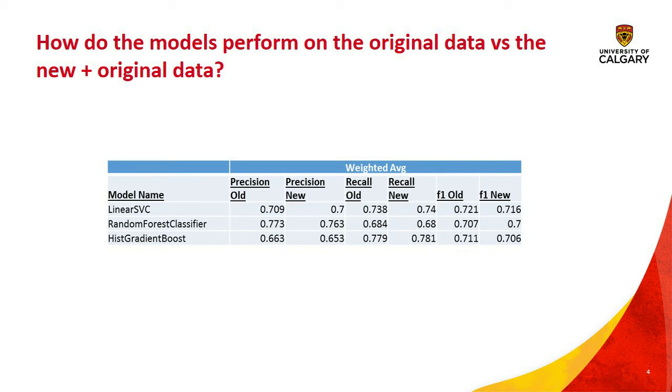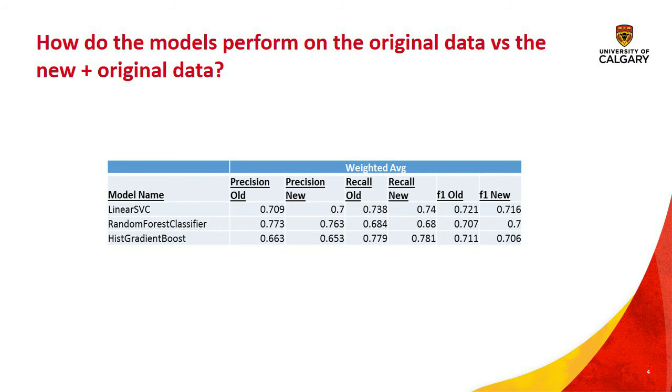For the new combined data, due to the additional processing time required for the addition of the new data set, we have only been able to perform validation on the top 3 models with the highest F1 score. So in this case, we choose linear SVC, the random forest classifier, and the histogram gradient boost.